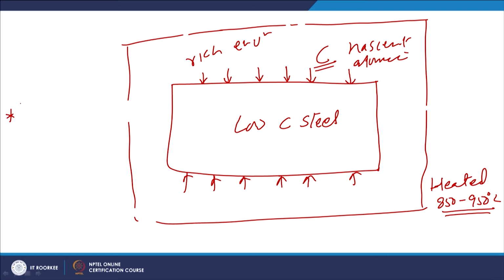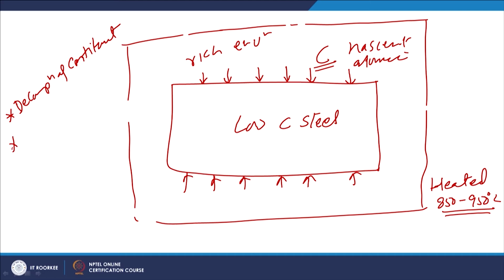One is that high temperature will ensure the thermal decomposition of the constituents which provide the carbon in the nascent or atomic state, like CO2 formation or other chemical reactions, which will facilitate the availability of nascent or atomic carbon all around the component which is to be carburized.